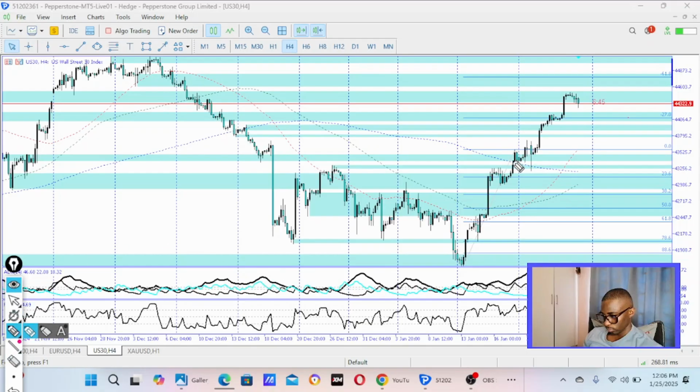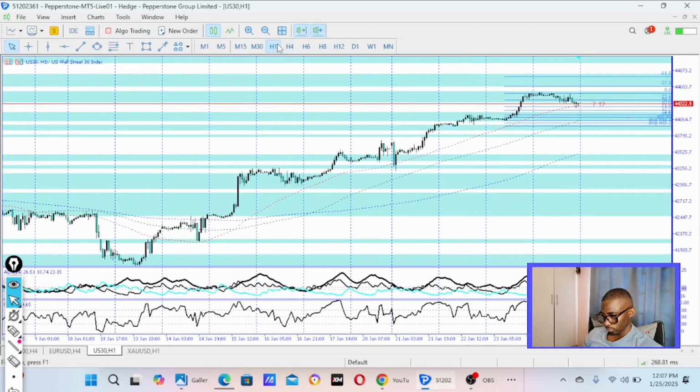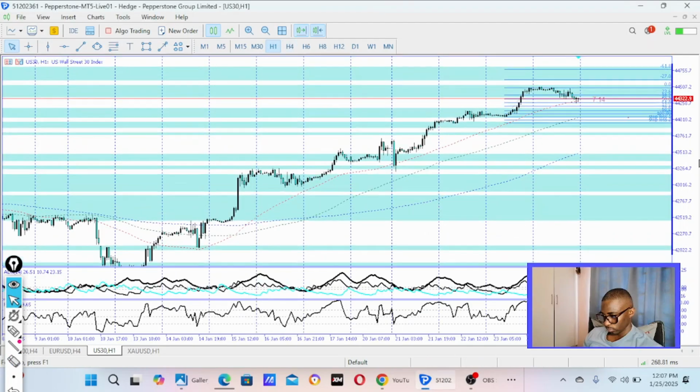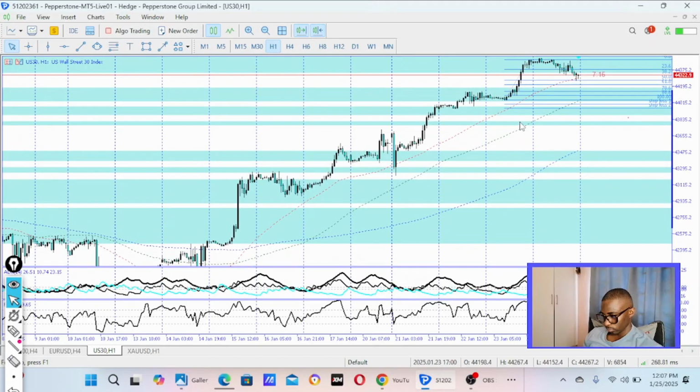Price just made this double bottom between the 0 and the 23.6. This is where price, given this market structure, and really for the pair USDT, there was no setup, there was no entry for me. If we go to a small time frame like H1, there was no real setup for me.